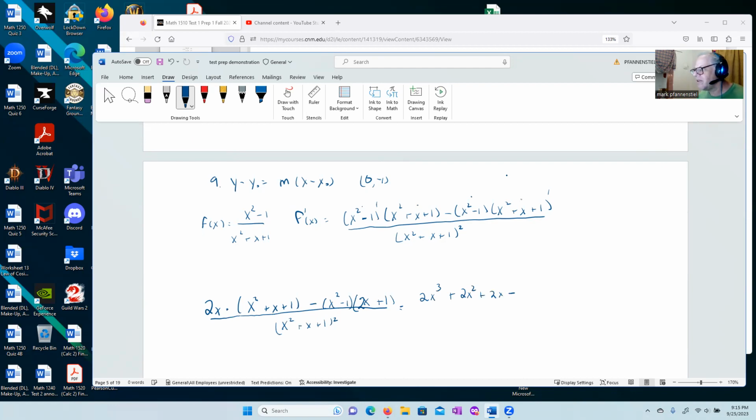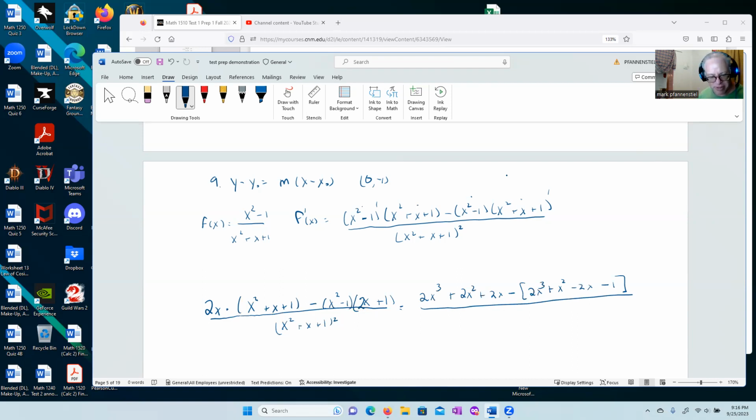We have a minus, and then we're going to have x squared times 2x, which is 2x cubed. Okay, we have a minus x squared. Okay, we have a minus 2x here. And then we have a minus 1. And then again, this is all over the bottom stuff.